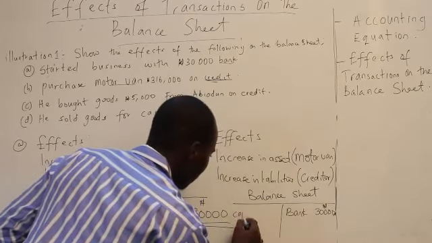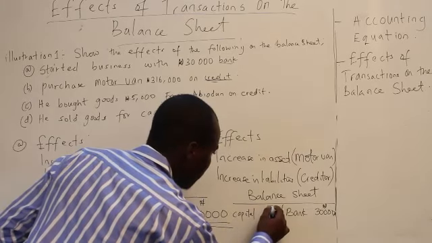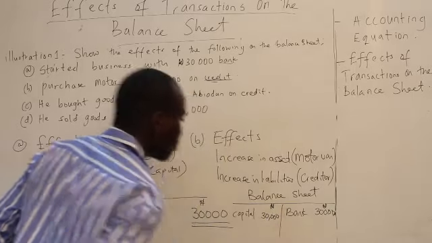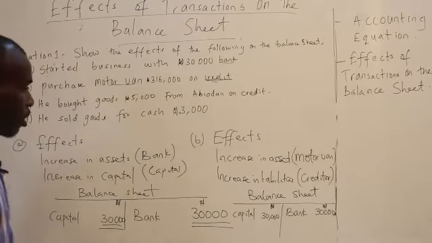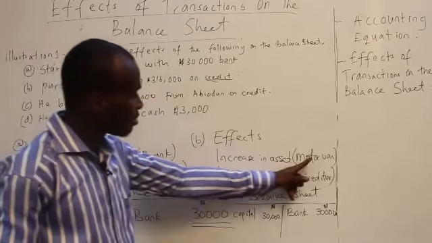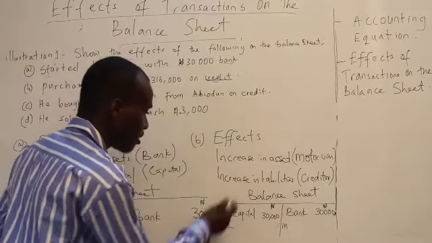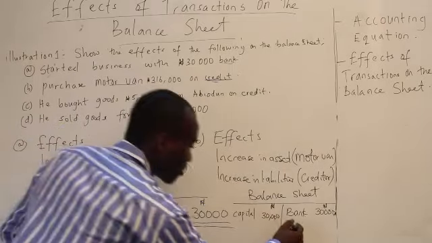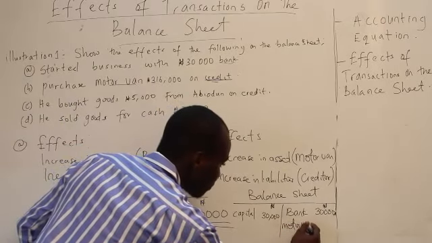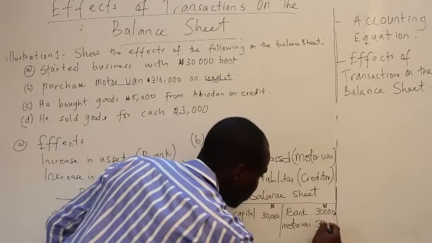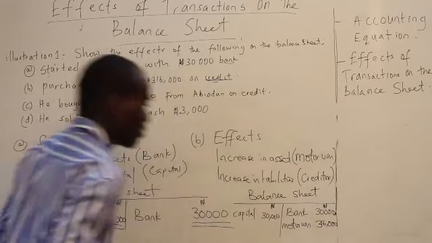We also have capital, which is 30,000. So we have an increase in assets, which is the motor van. All assets will be on this side. Capital and liability will be on the other side. So motor van, which is 16,000.